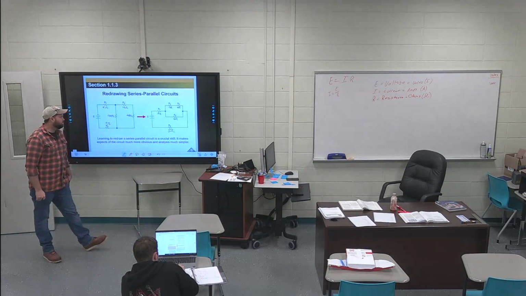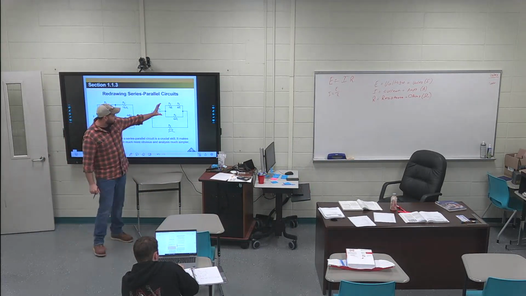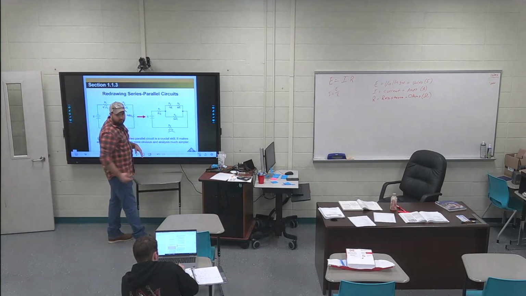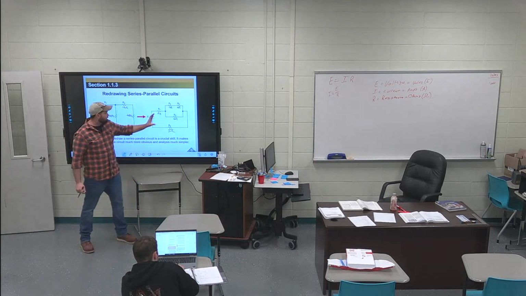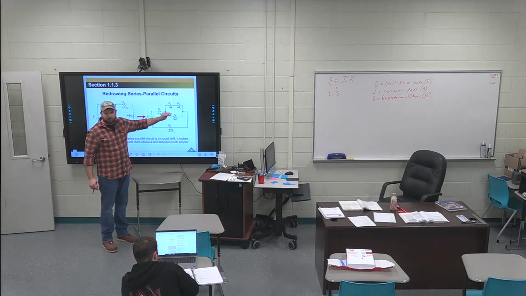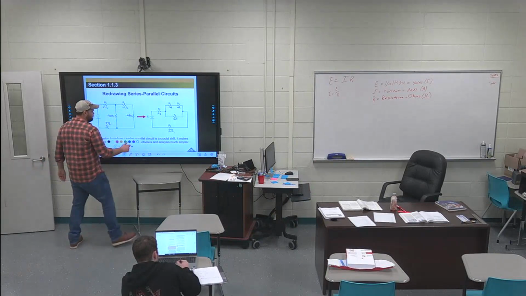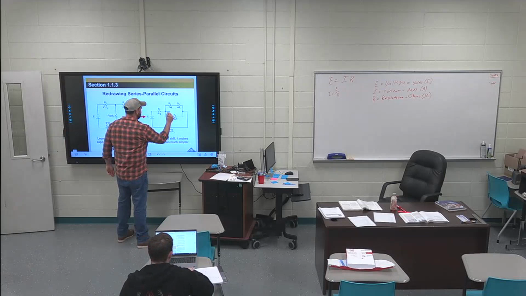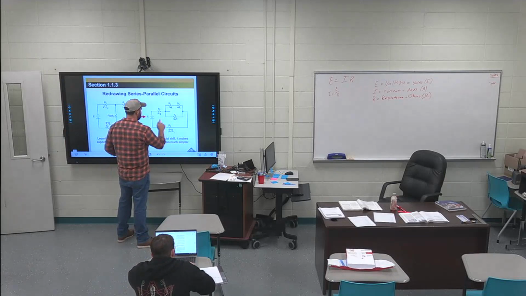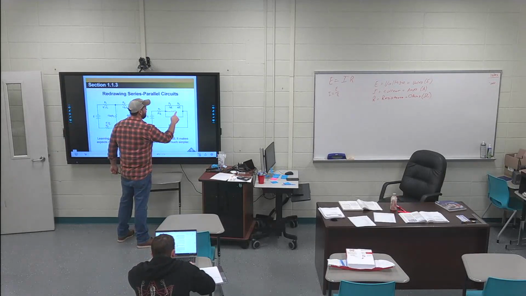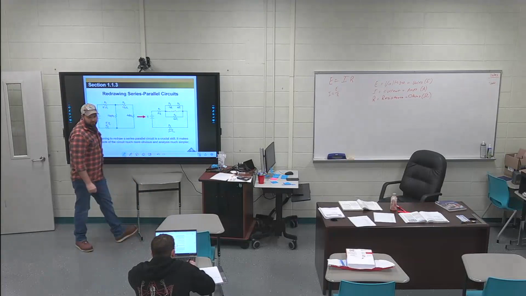So the first thing that I'm going to do is break down just this circuit right here, because I want to put it into an equivalent circuit where I can pretend there is an equivalent resistor right there.